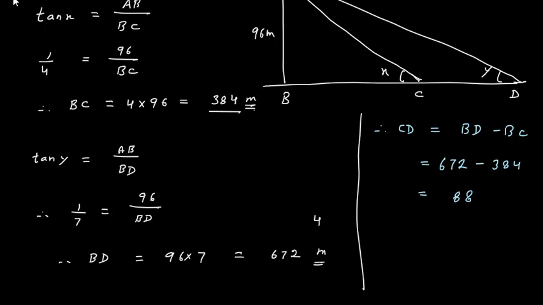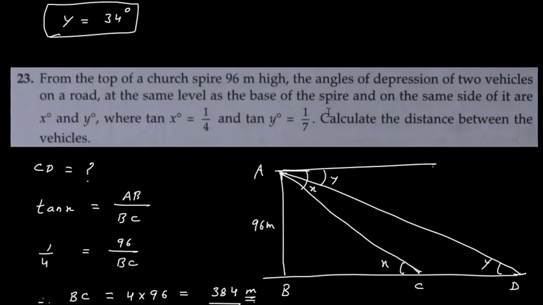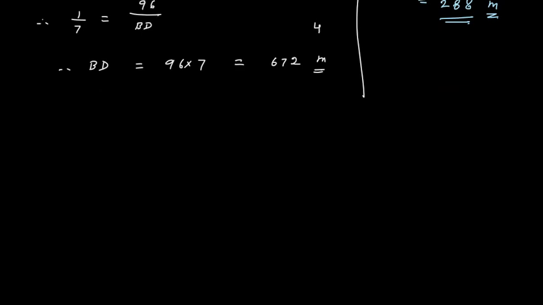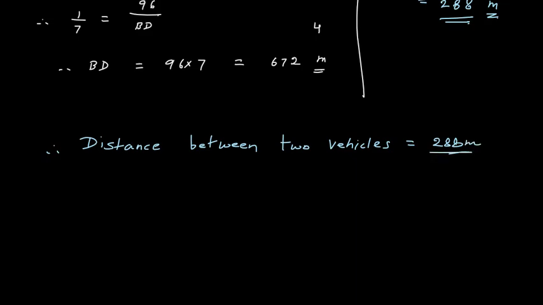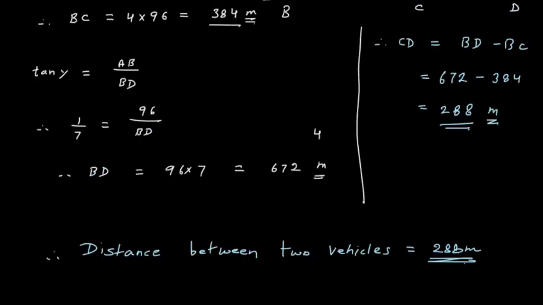And then 5 minus 3 is 2. 288. CD is 288 meter. So therefore the distance between the two vehicles is equal to 288 meter. So this is the distance between the two vehicles.